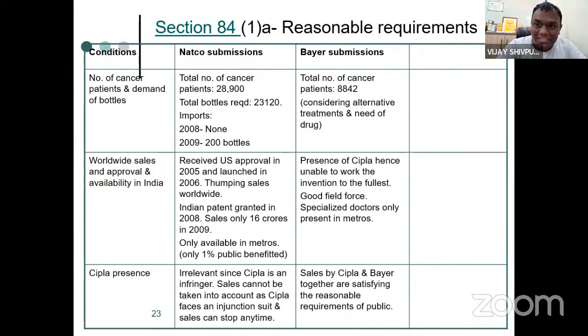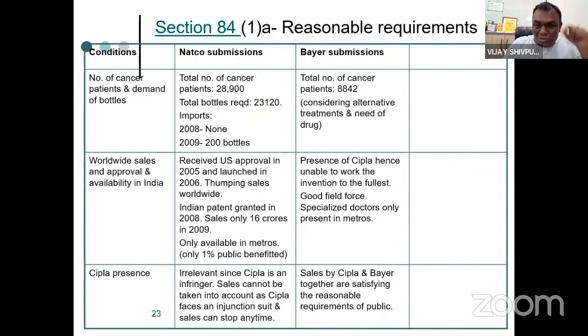But herein they are saying CIPLA is selling, that's the reason the public's requirements are fulfilled. Sales by CIPLA and Bayer together, considering the reasonable requirement of public, is actually getting fulfilled. Very interesting. This is double standards, right?